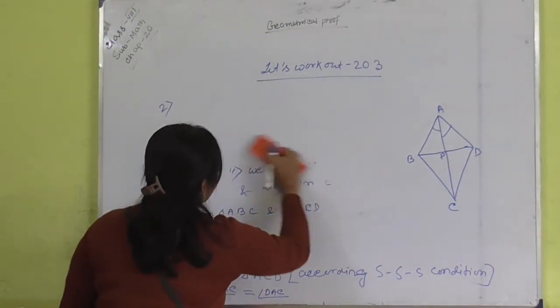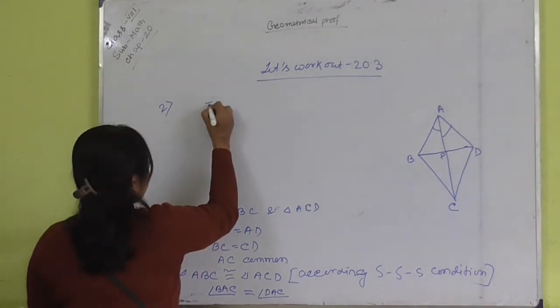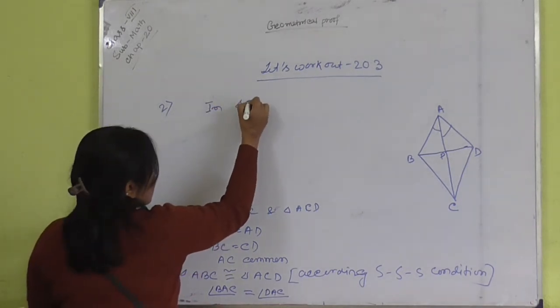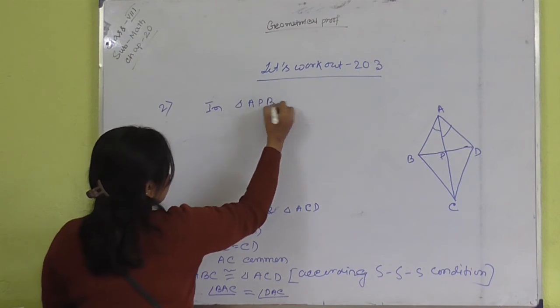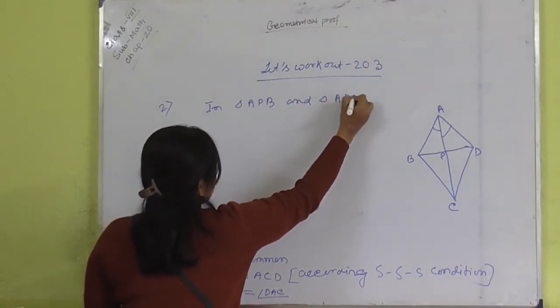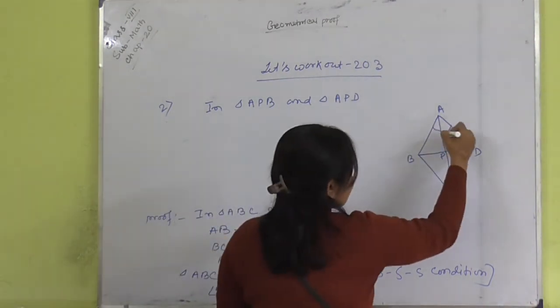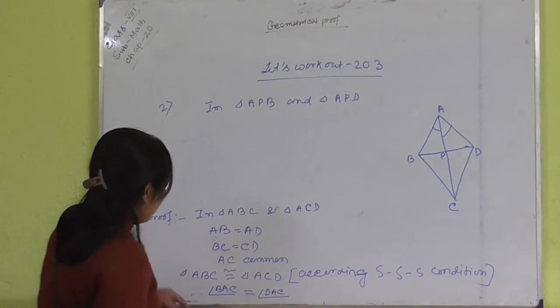Now we consider triangle APB and triangle APD. In APD and BPD, this angle and this angle are equal, which we already proved in our first step.